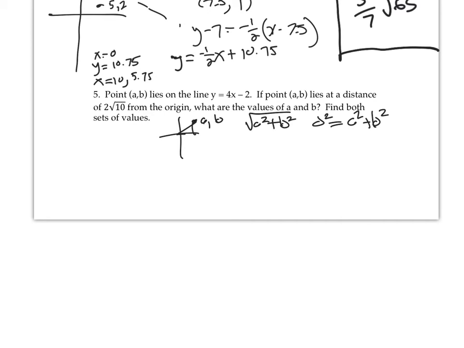So substituting in our values, since we know that (A, B) lies on the line y equals 4x minus 2, we can say that x squared plus y squared has to equal 2 root 10 squared. So in other words, A squared plus B squared has to equal 2 root 10 squared, which, when we square this, we get 40. We also know that the relationship between A and B is that B equals 4 times A minus 2.